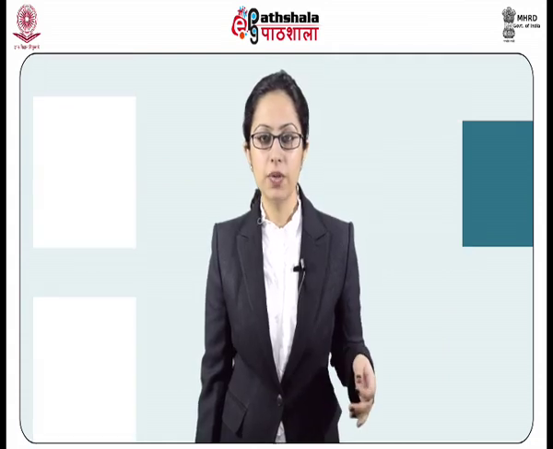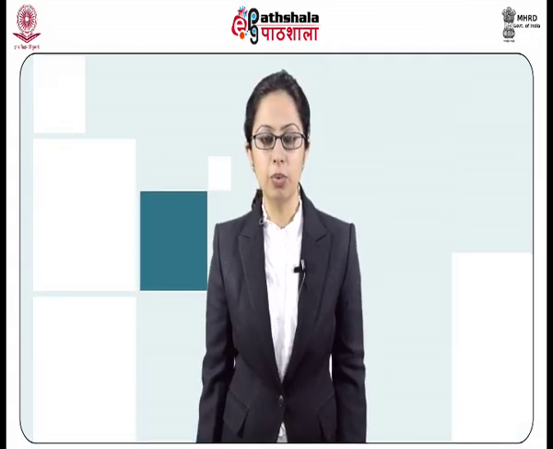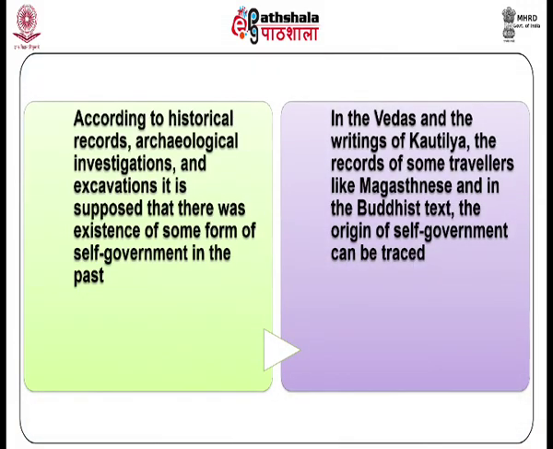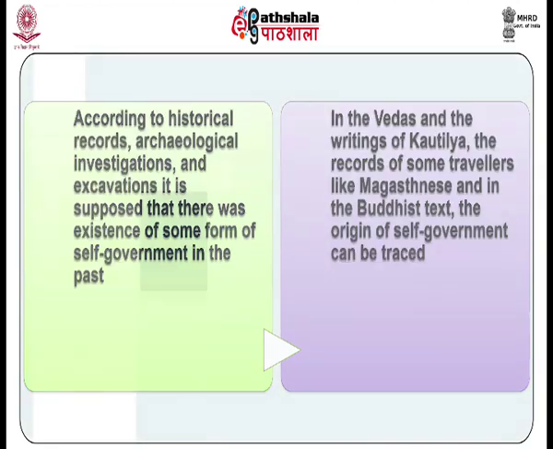The origin of self-government had very deep roots in ancient India. According to historical records, archaeological investigations and excavations, it is supposed that there was existence of some form of self-government in the past. In the Vedas and the writings of Kautilya, the records of some travelers like Megasthenes and in the Buddhist texts, the origin of self-government can be traced.